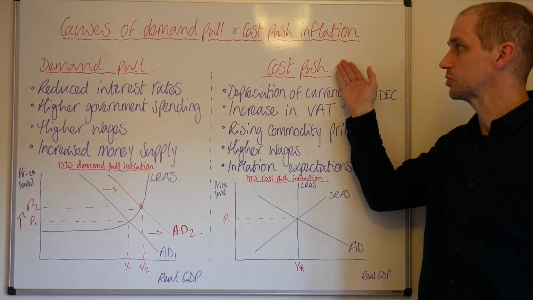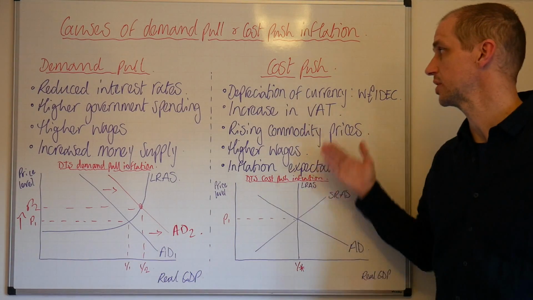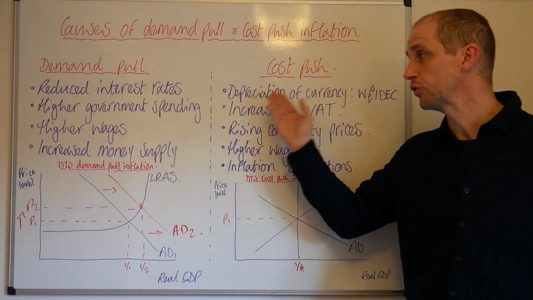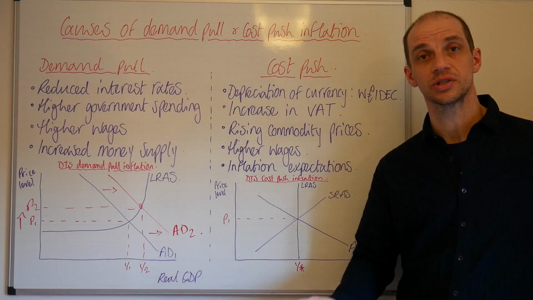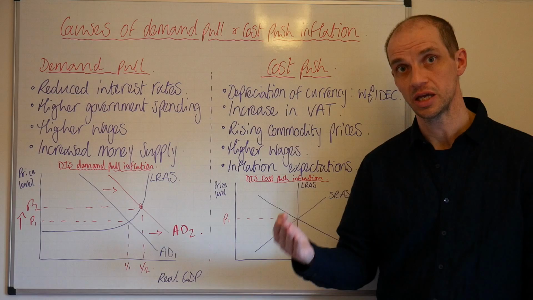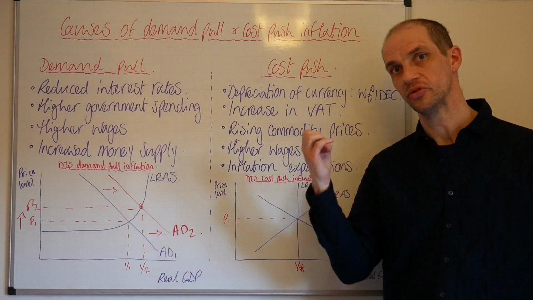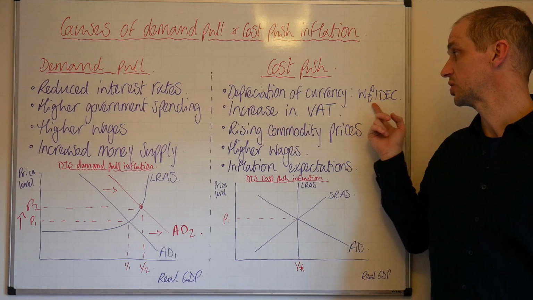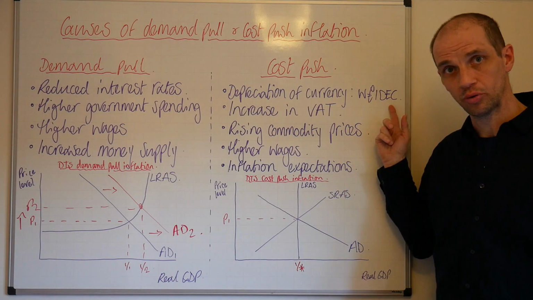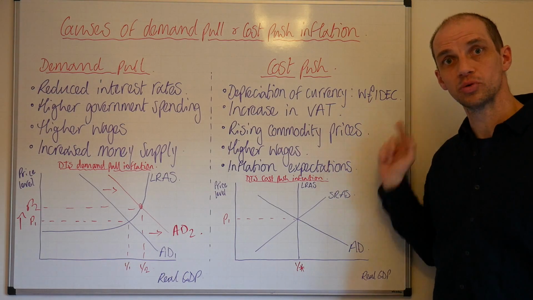Okay, so when it comes to cost push, let's have a look at these factors. Firstly, depreciation of the currency. We've seen this since June 2016 and the Brexit referendum and depreciation of the pound, and we've therefore seen this scenario: weak pound, imports dear, exports cheap.